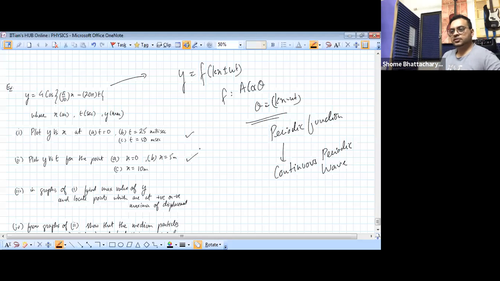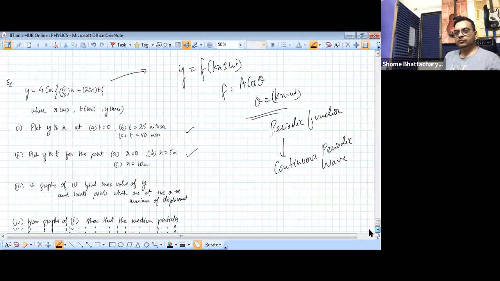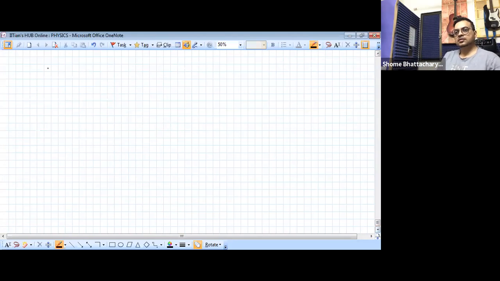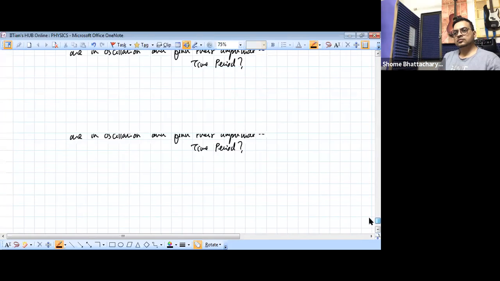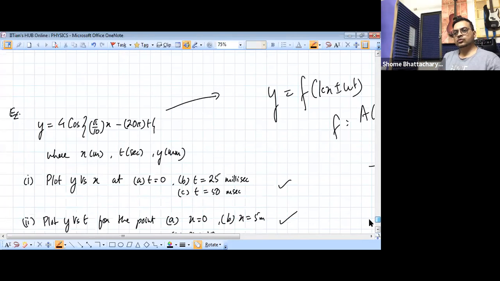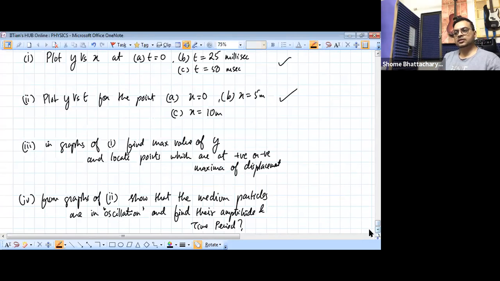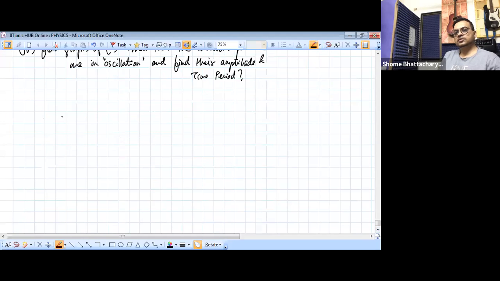Okay, so let's start with the plot of y versus x at these various times. So we had this function y equal to 4 cos(pi by 10 x minus 20 pi t).